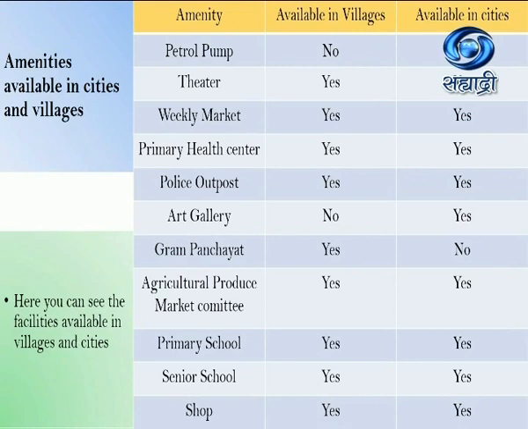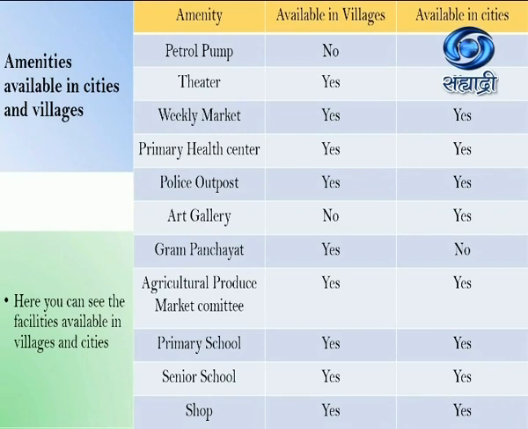Maybe an art gallery will not be found in the village. Similarly, a gram panchayat is not in the city. Gram panchayat, the word gram means village. So those are found in the villages itself, not possible in a city, isn't it? In cities, we have municipalities, we have Zilla Parishad and various state government bodies.